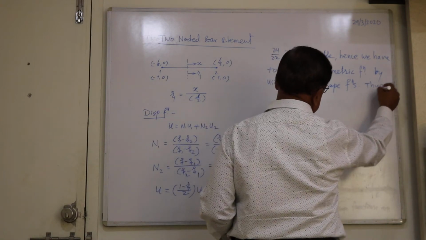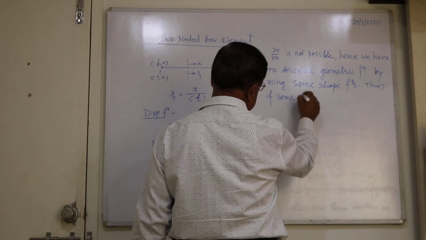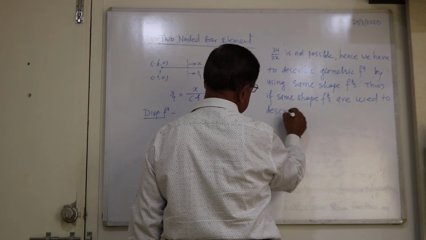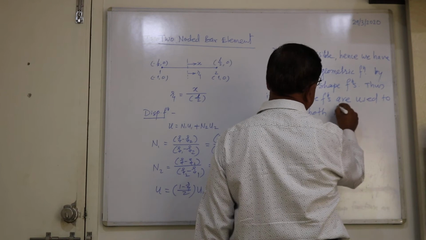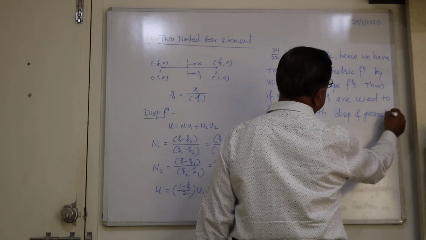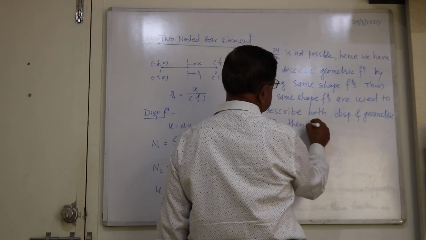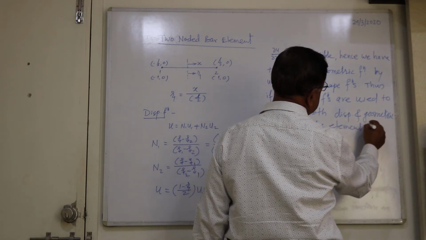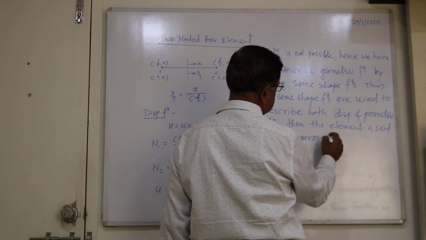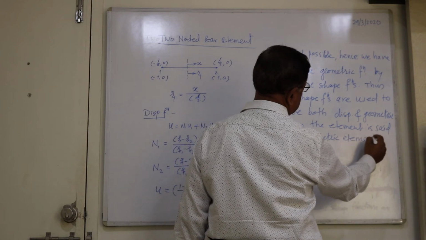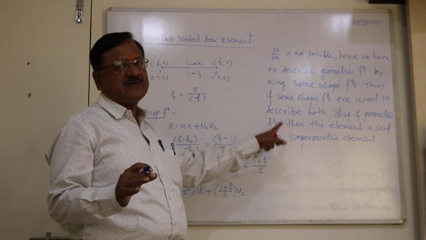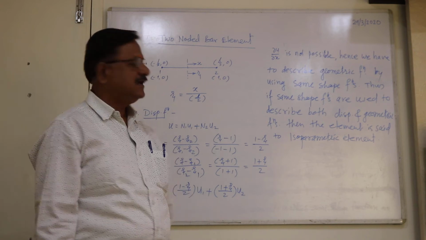Thus, if the same shape functions are used to describe both displacement and geometric functions, then the element is said to be an isoparametric element.